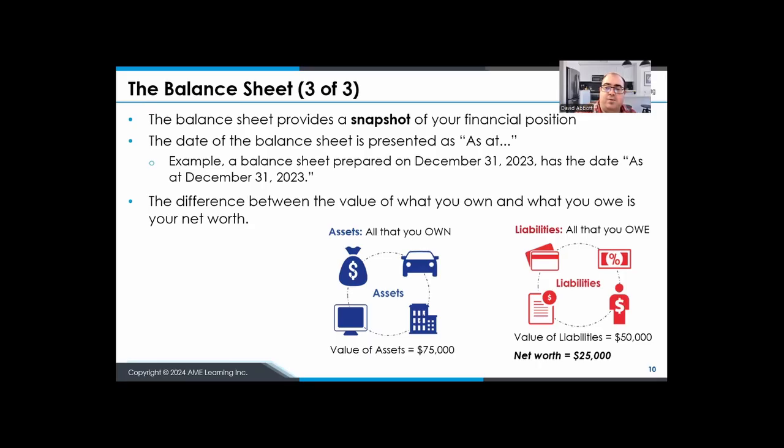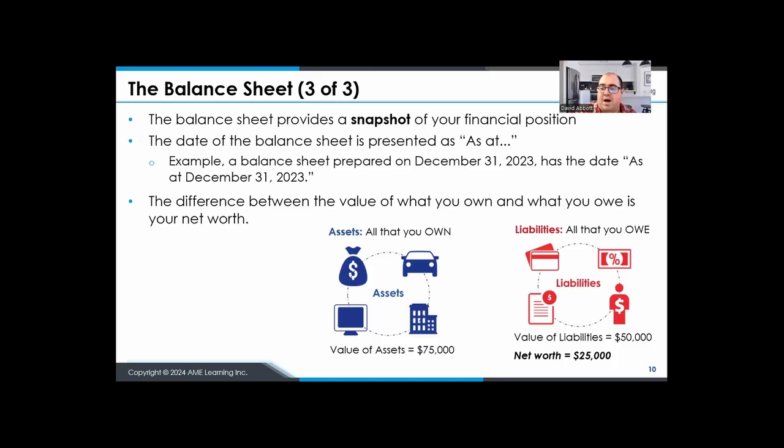Now, the balance sheet provides a snapshot of your financial position. The date of the balance sheet is presented as of this date. So for example, the balance sheet prepared on December 31st of 2023 would have the date as at December 31st of 2023.